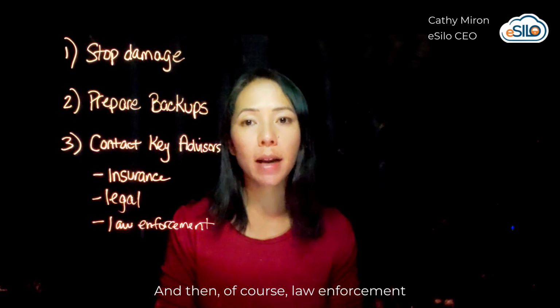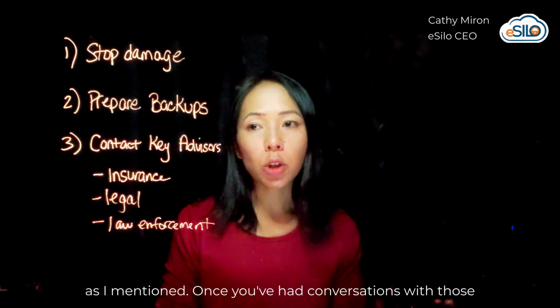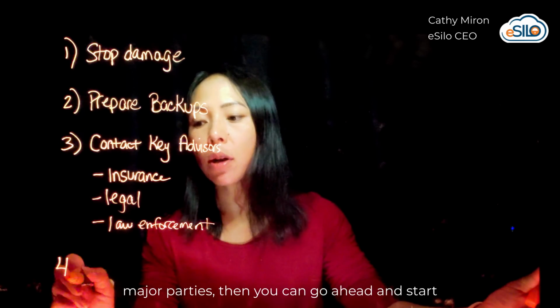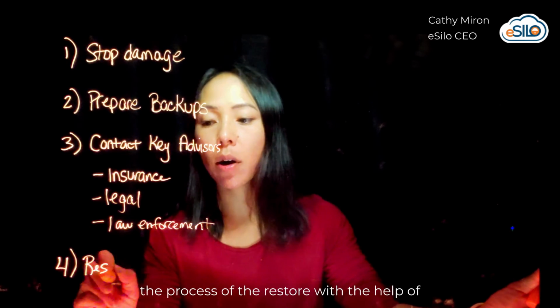And then, of course, law enforcement, as I mentioned. Once you've had conversations with those major parties, then you can go ahead and start the process of the restore with the help of your IT person or your backup company.